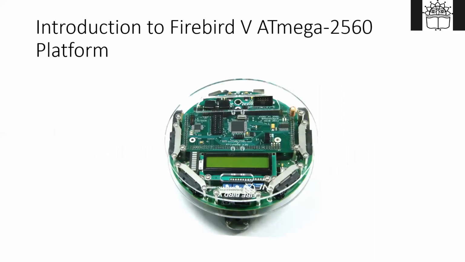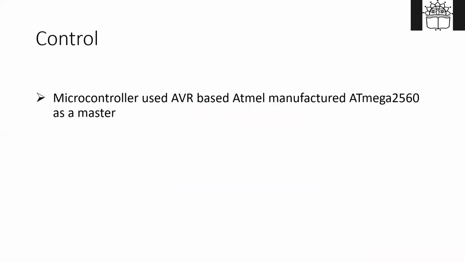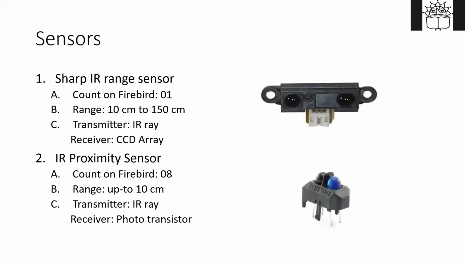This is the photograph of Firebird V Atmega 2560 platform, which is available in our campus or in our laboratory, robotics laboratory. So as I mentioned earlier, the microcontroller is Atmega 2560. These are the sensors. Sharp IR range sensor. IR means infrared, right? Then second is IR proximity sensor.